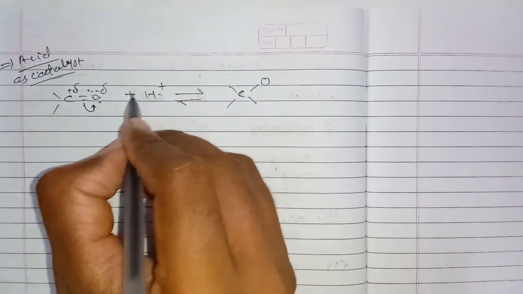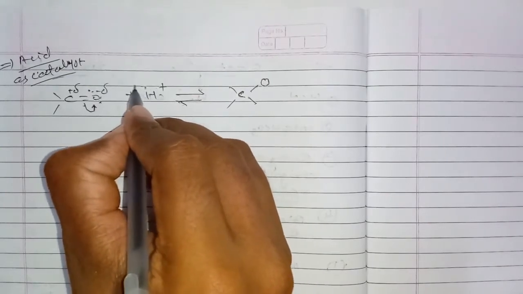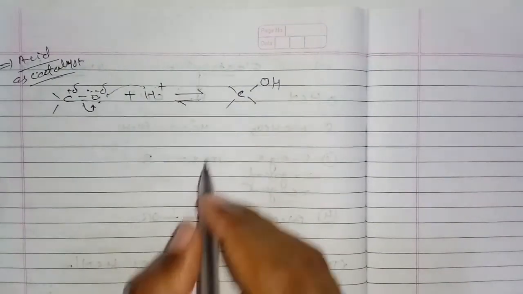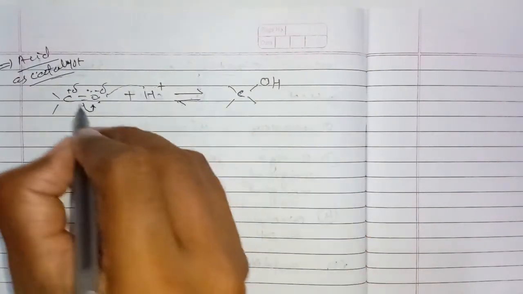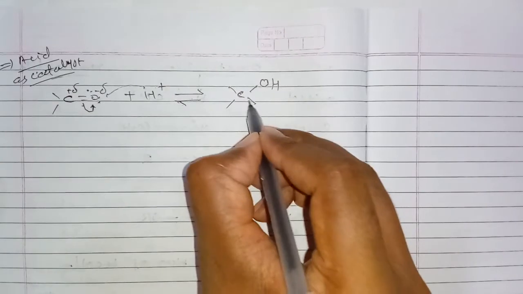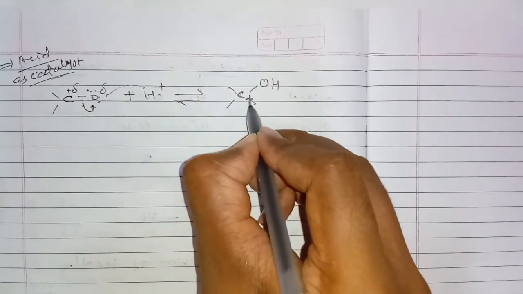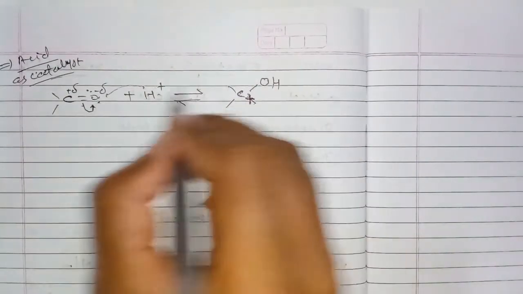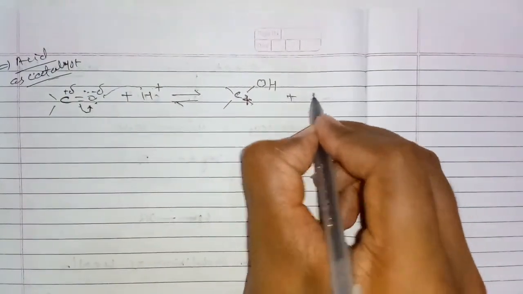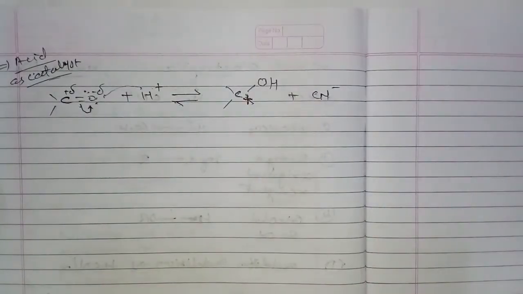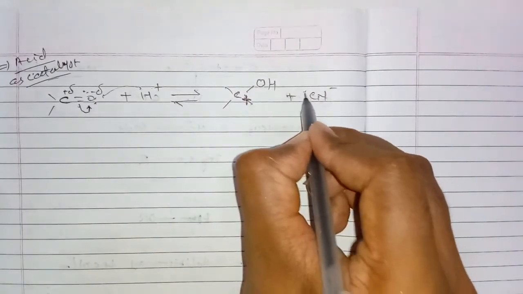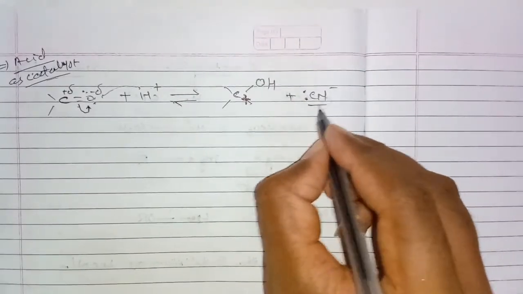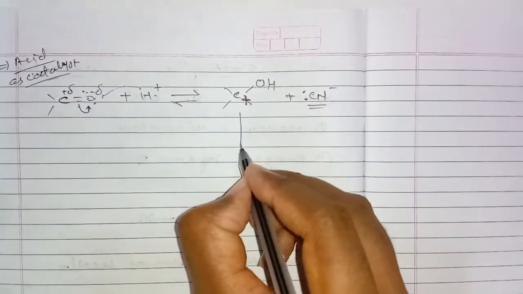Now this H plus will attach with the oxygen, and the carbon possesses a positive charge, and the CN or cyanide is formed.